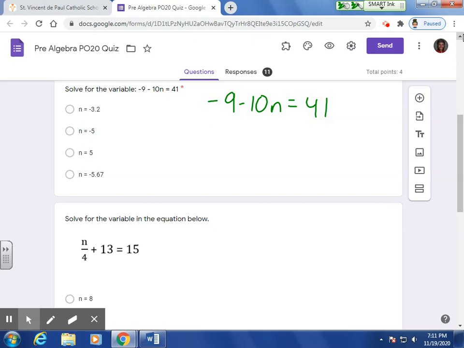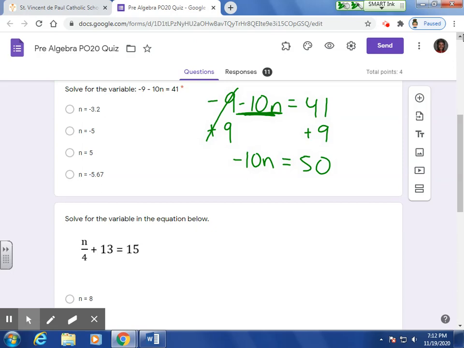But we handle it the same way we would handle any constant, with opposite operations. -9 plus 9 equals 0. The thing you've got to remember here is that the sign belongs to the 10n. So when you bring this down, it's -10n equals, and of course, add 9 to -41 as well, and we get 50. Wait, 41 plus 9 is 50.